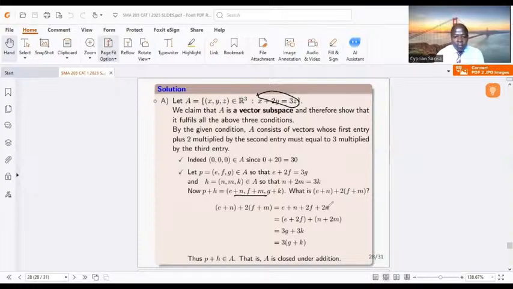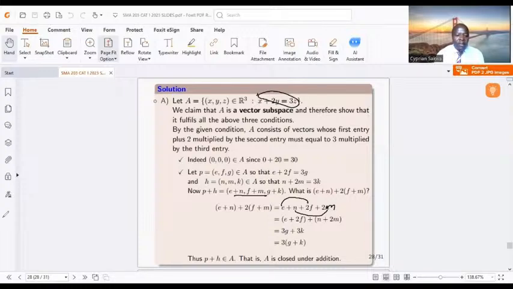Now pick the elements of vector P together, E plus 2F, then the elements of vector H together, N plus 2M.